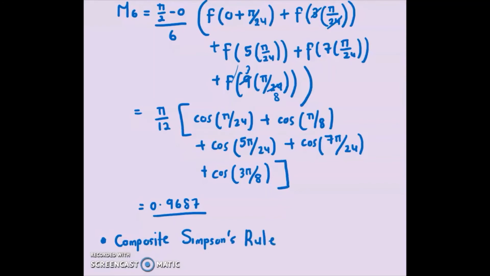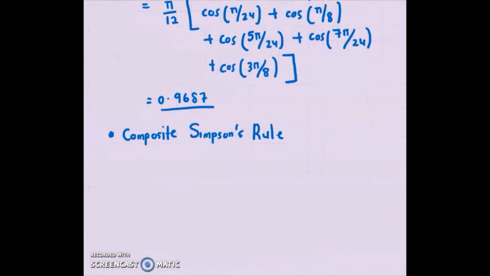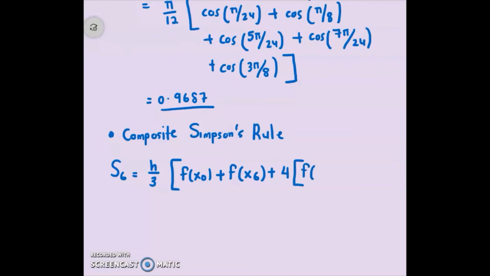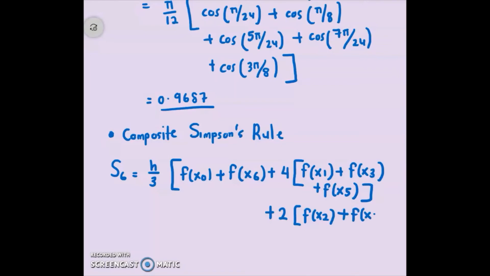Simpson rule is given as S6, when n equals 6, h over 3 times f of x0 plus f of x6, which is my xn, plus 4 times the odd intervals, f of x1 plus f of x3 plus f of x5, and then plus 2 times the even intervals, f of x2 plus f of x4.